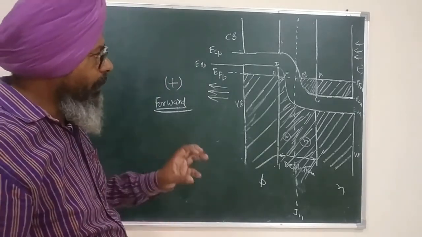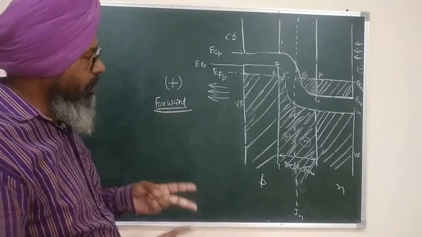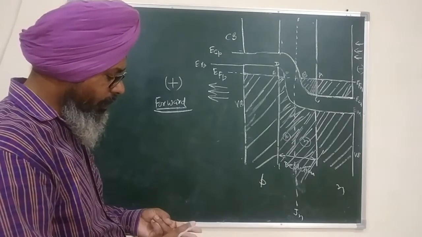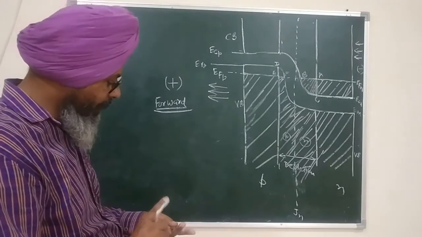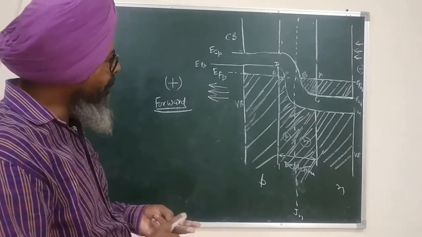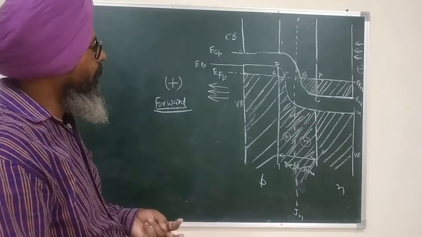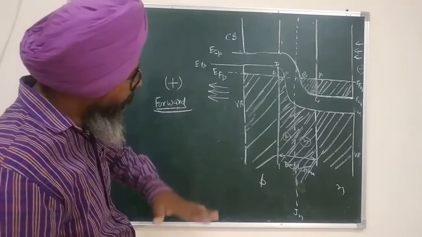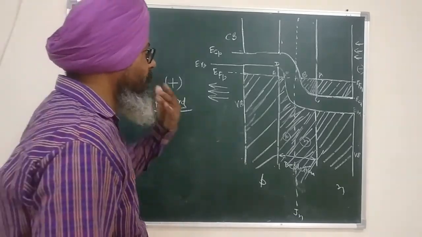So before applying the battery, you must remember two things. Number one, the donor band is completely confined within the N region, and the acceptor band is completely confined within the P region. And second, the donor band is below Fermi and the acceptor band is above Fermi.